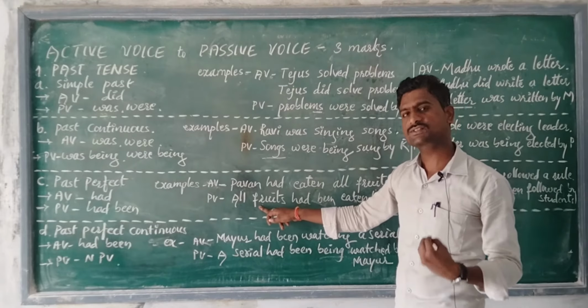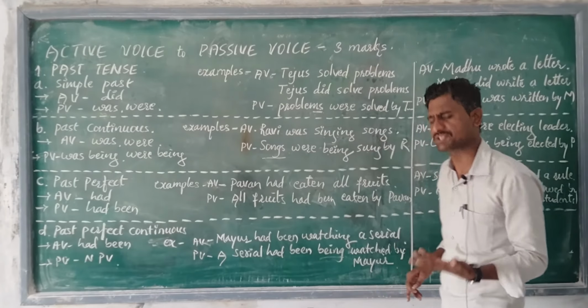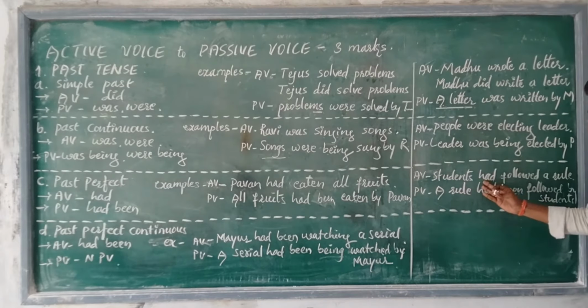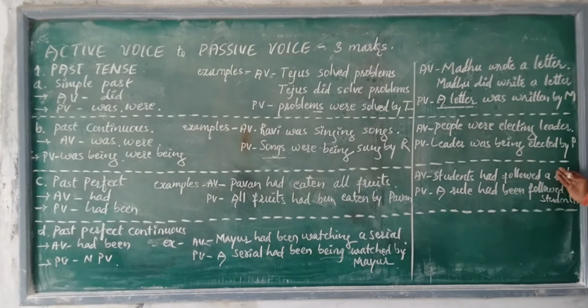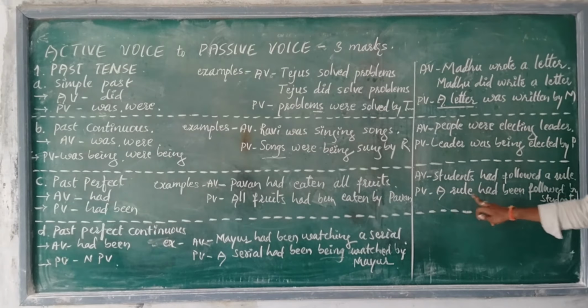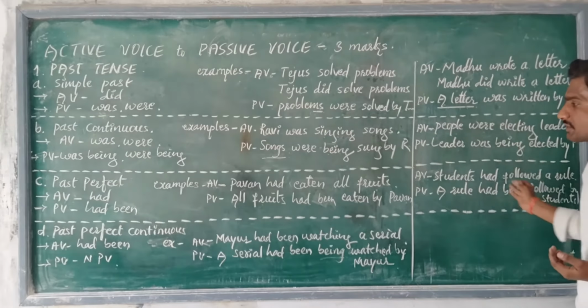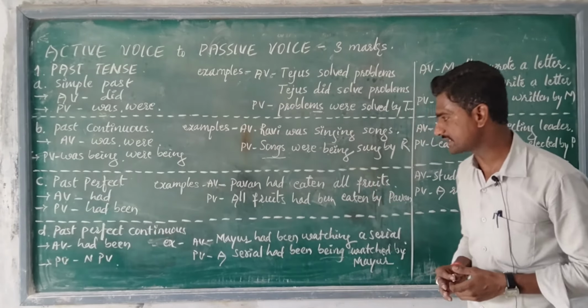And if we use the singular form of subject, then what do we have? Active voice: Students had followed a rule. Passive voice: A rule had been followed by students. These are beautiful examples of active voices to passive voices.